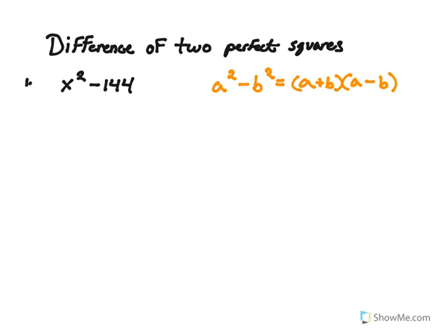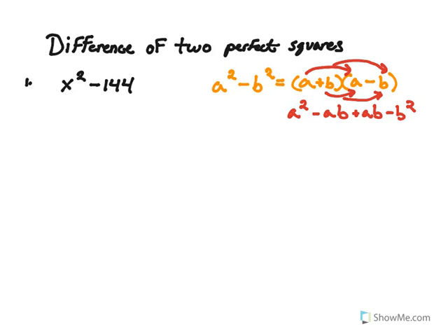All right, so if I FOIL this out, a times a is in fact a squared. And then if I do a times minus b, that's going to be minus ab. And then if I do b times a, that's going to give me a plus ab. And then if I do b times minus b, that gives me minus b squared.